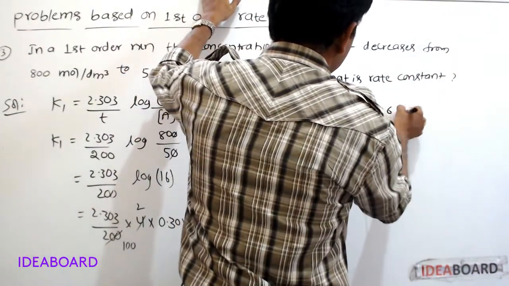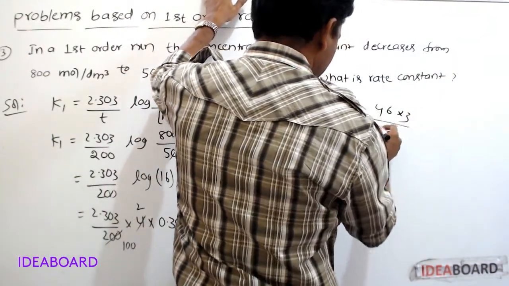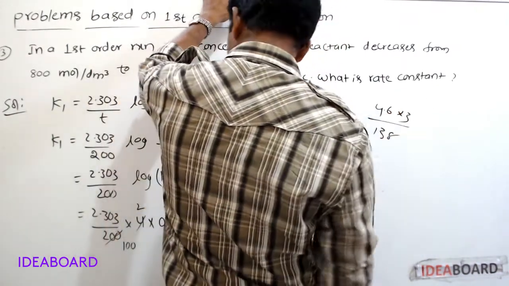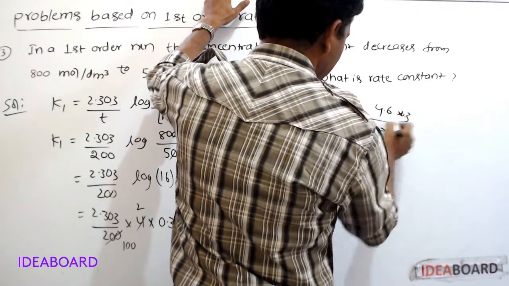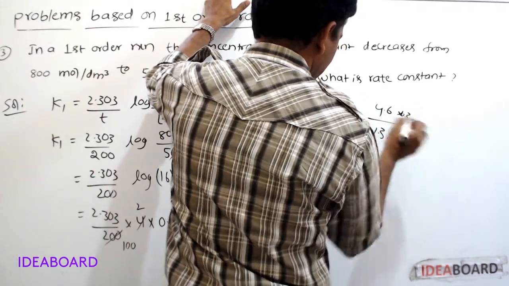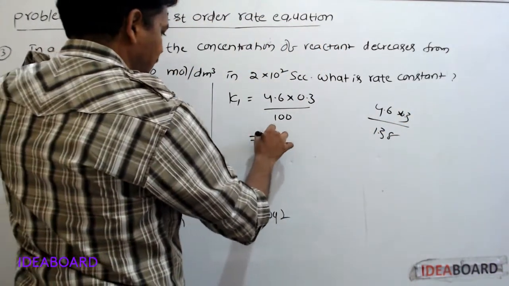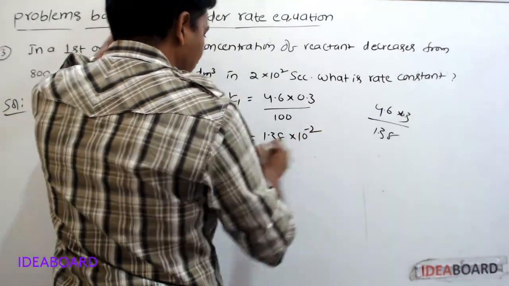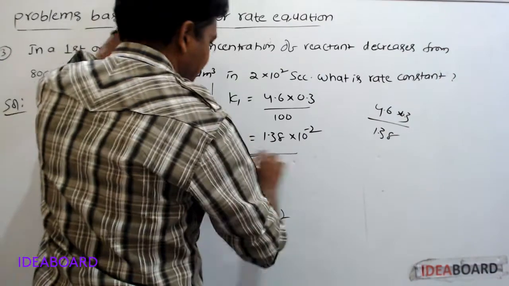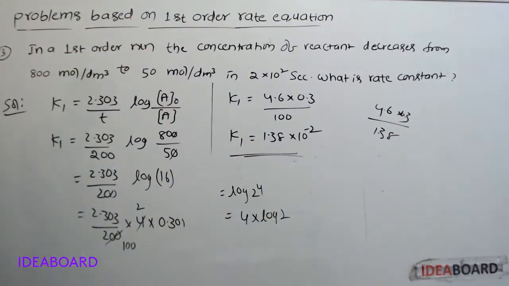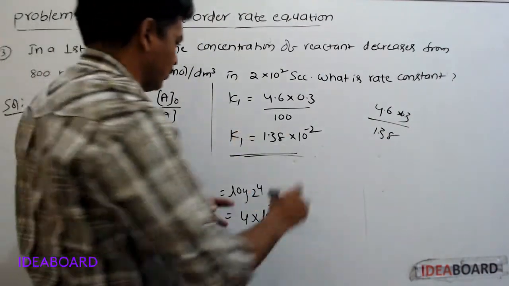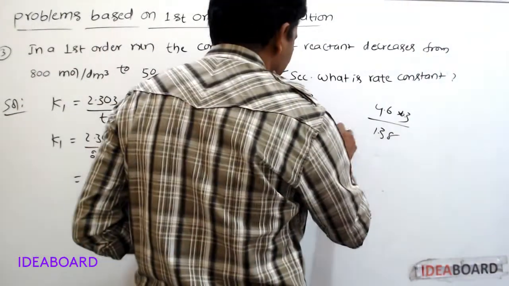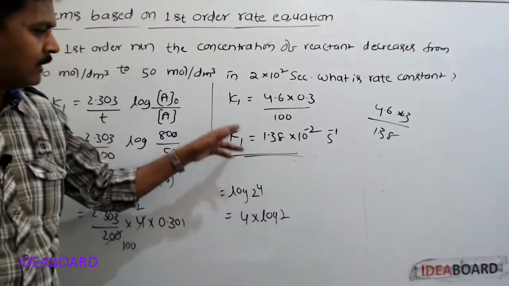This value is 1.38 into 10 power minus 2. So k1 is 1.38 into 10 power minus 2. The unit for a first order reaction rate constant is second inverse.